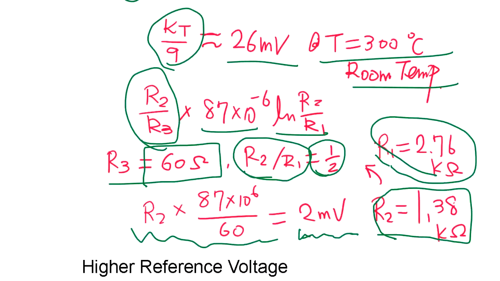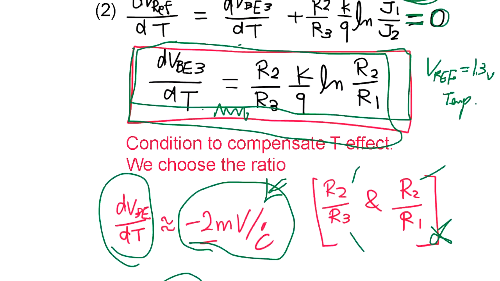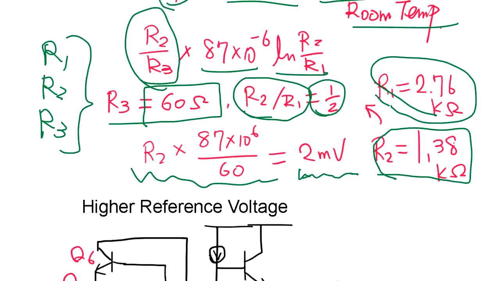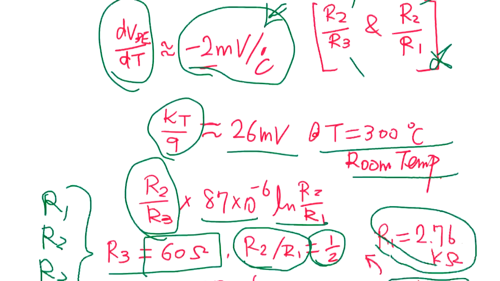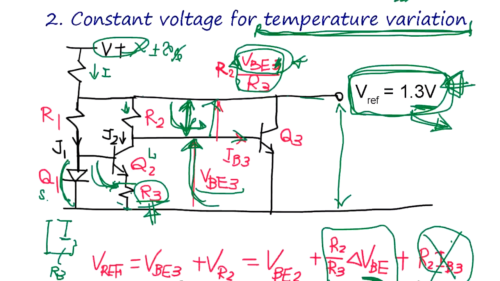So we can set R1, R2, R3 at the proper ratio, so temperature dependency becomes 0. Okay, so this is a very clever design, and almost every analog IC chip uses this band gap to generate the constant voltage, temperature compensated 1.3 volt.